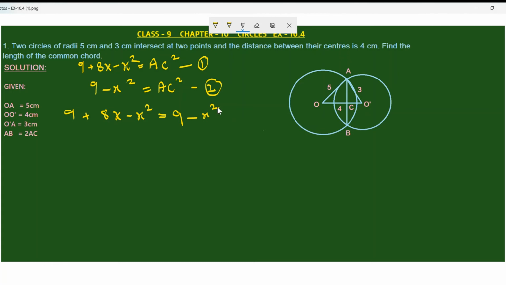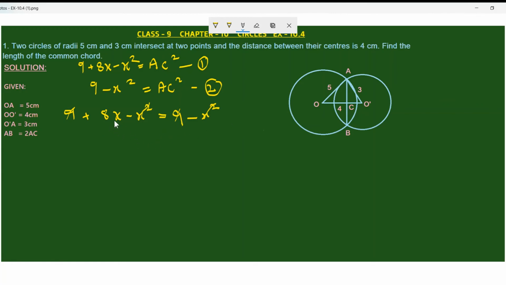So minus x square plus x square gets cancelled, so that we can cancel directly these two. Now plus 9 and plus 9 also gets cancelled, because this 9 will come this side as minus 9. This is already plus 9. If this 9, this is a minus 9, so both will get cancelled.